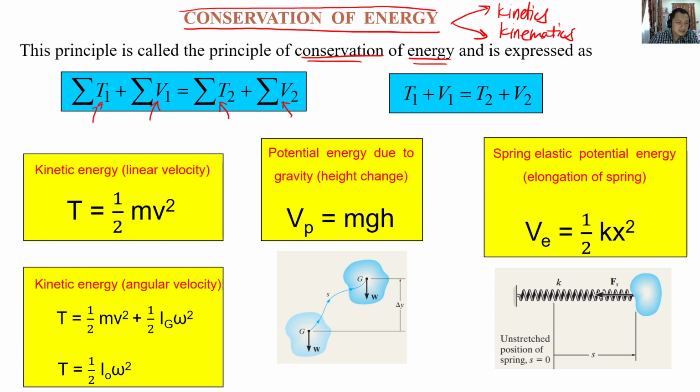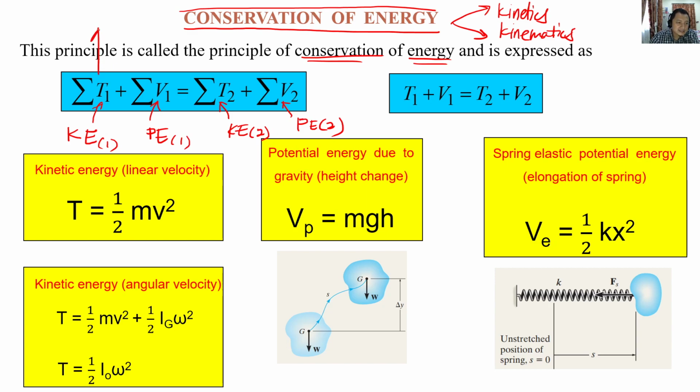So for example, in the beginning stage, you have T1, which is kinetic energy, and V1, which is called potential energy. This is in the first state. Then if any process happens, the kinetic energy and potential energy in state 2 will be equal in total.